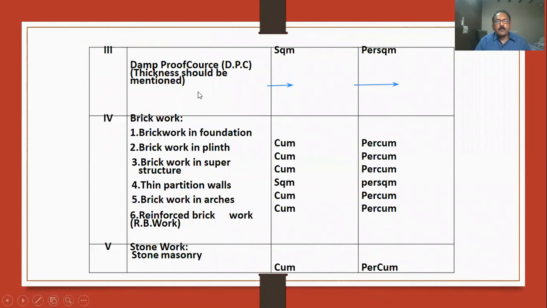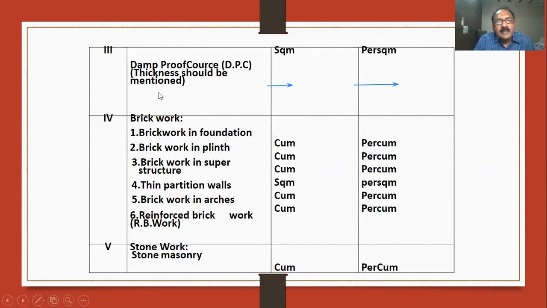Damp proof course. This is a very important bit question, previously asked in GATE examination. What is the unit of DPC? That is square meter, and rate will also be paid per square meter. But in the question, it is given, what is the unit for 200 mm thickness of damp proof course of length 6 meters, width 0.3 meters.